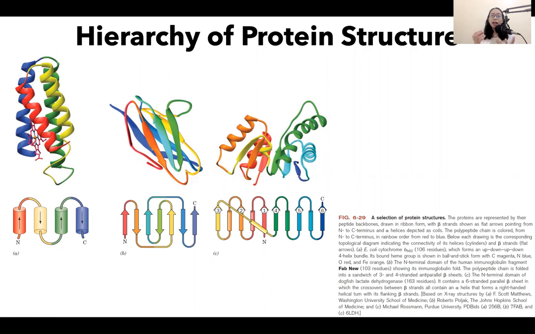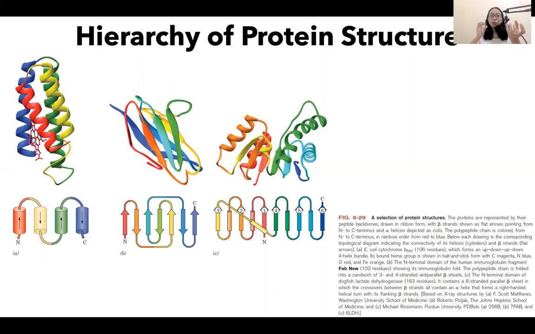Okay. Now, aside from the combination of these secondary structures, formation of disulfide linkages from cysteine residues far apart from each other in the sequence can also dictate the tertiary structure.